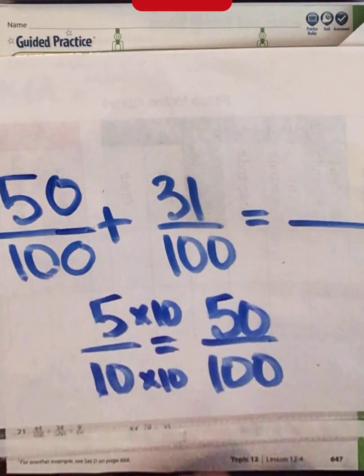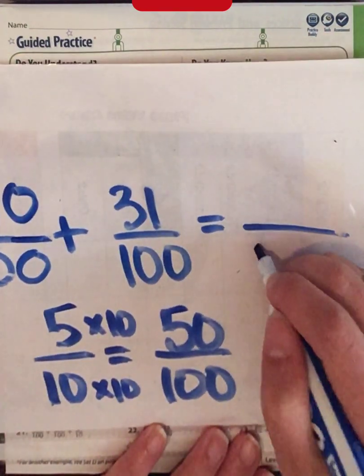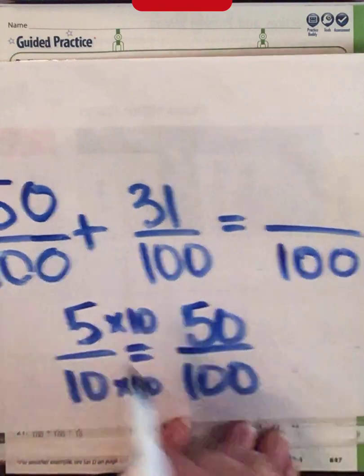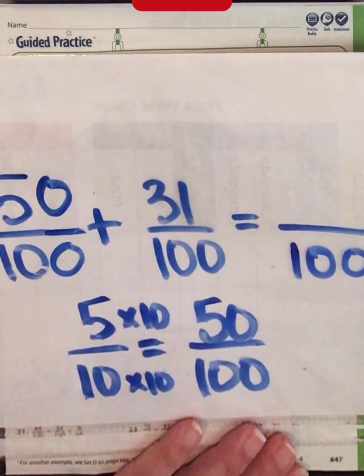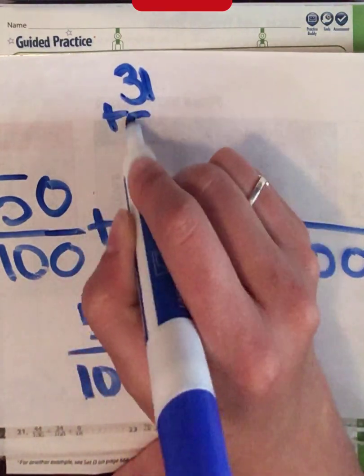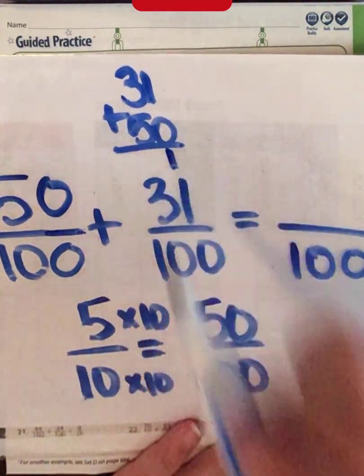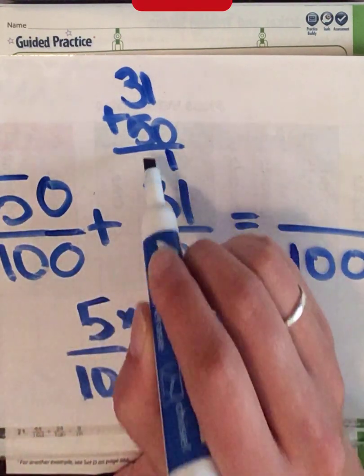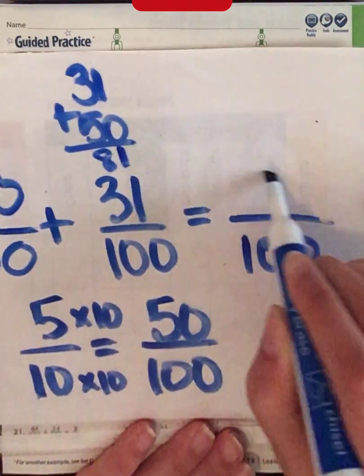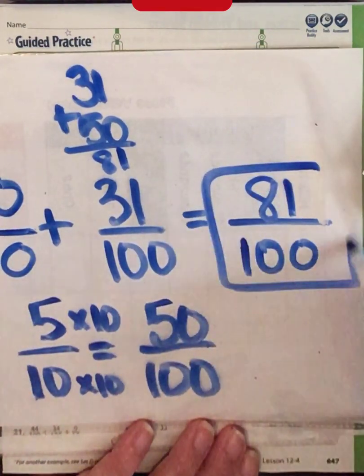Now are we able to add? 100 plus hundredths, still going to have our answer in hundredths. What's 50 plus 31? If you have a hard time adding it in your head, write it up and down. 1 and 0, 3 and 5, 81. Your answer would be 81 hundredths.